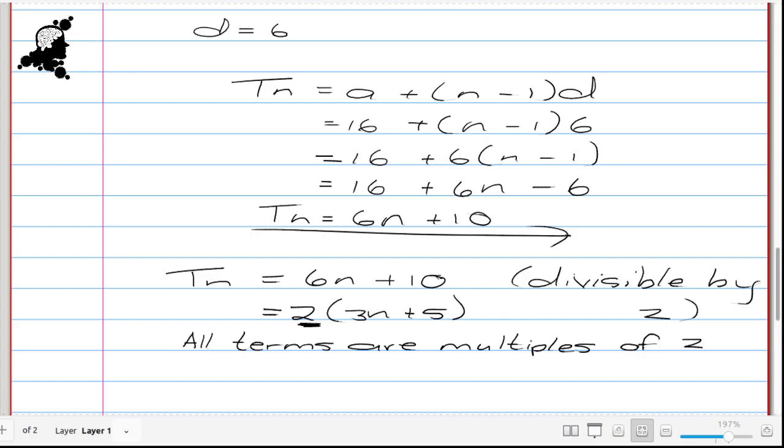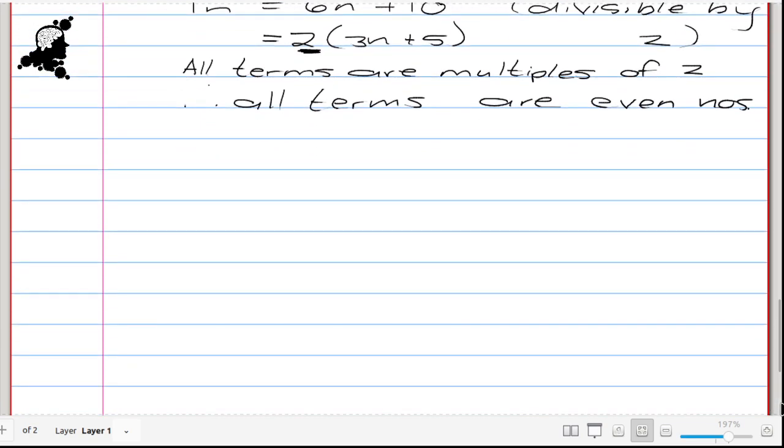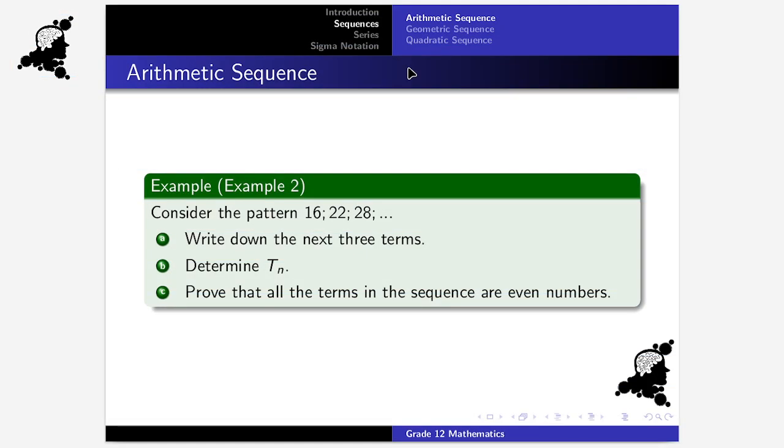Because all terms are multiples of 2, it therefore means that all terms are even numbers. I trust that this makes sense, and I hope that you guys understand how to approach such a question. All right, let us look at the next section.